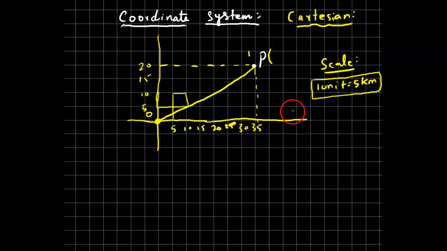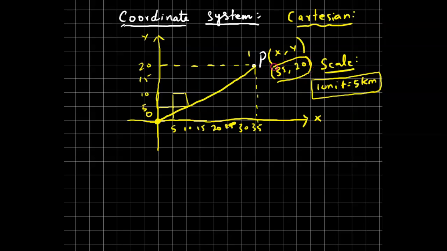So here the values on the x-axis they give, and here the y-axis, and the coordinates are the x and y coordinates. What is the value of x? 35. What is the value of y? 20. So at this point they are locating.